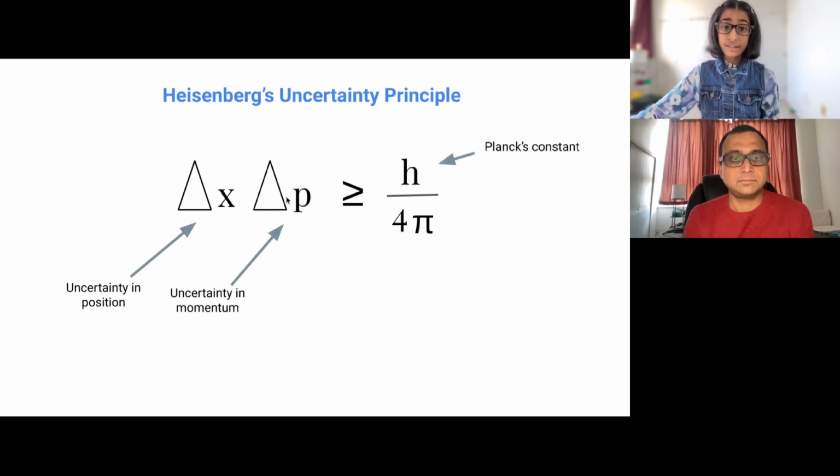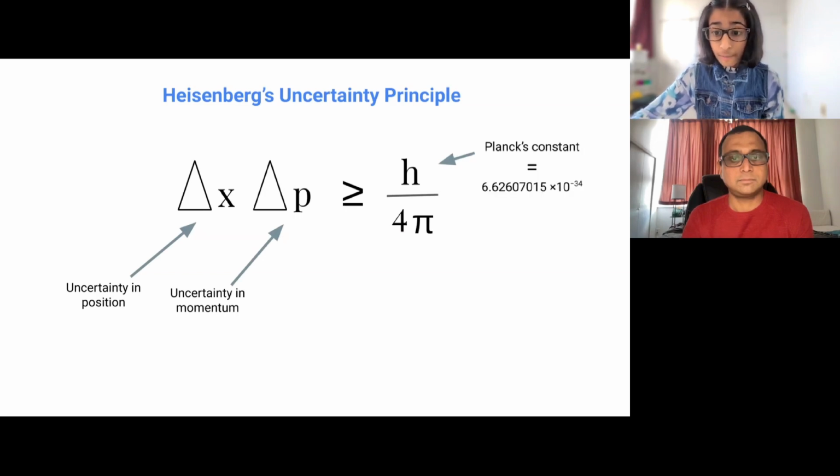And since anything times 0 is equal to 0, delta x times delta p would equal 0. And 0 is not greater than or equal to h by 4 pi. So if the momentum did not change in the experiment, that would actually violate the whole principle because it would be false. And here's a little fun fact.